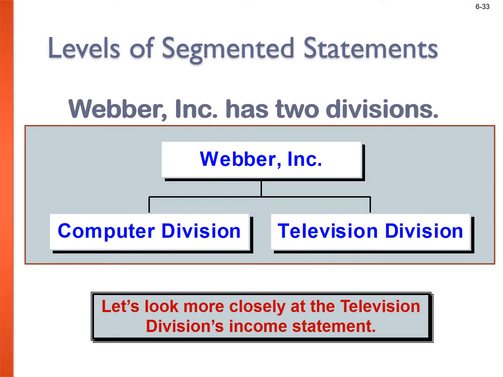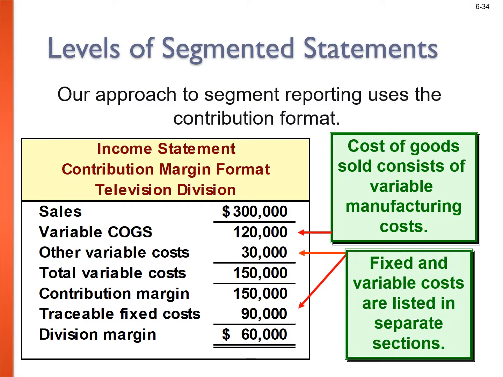So let's take a look. Levels of segmented statements. Weber has two divisions, a computer division and a television division. Let's look more closely at the television division's income statement. So right now this is the television division's contribution margin format. Remember, that's sales minus all of your variable costs, then go from there with your fixed costs.